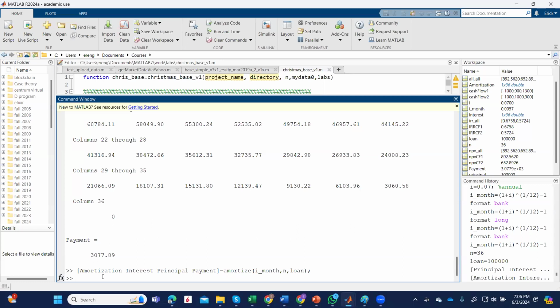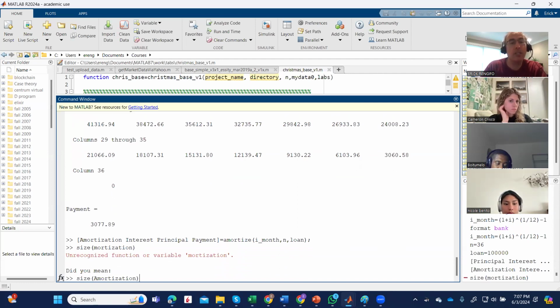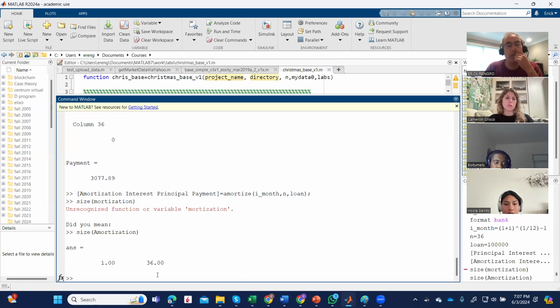How do we know how many rows, columns, or whatever? What do we use? Size. Size, exactly. So what I can ask is, give me the size of amortization. Okay, this is what I want.